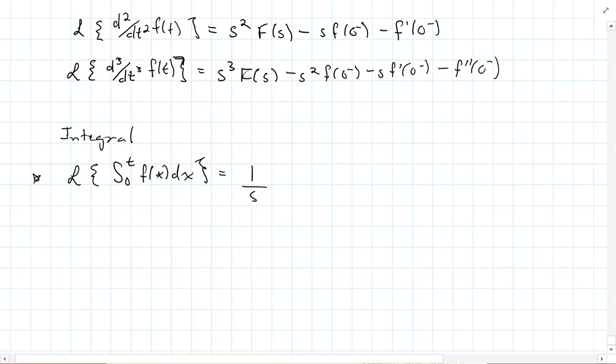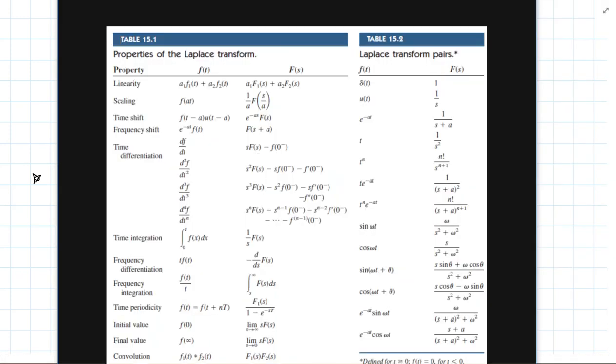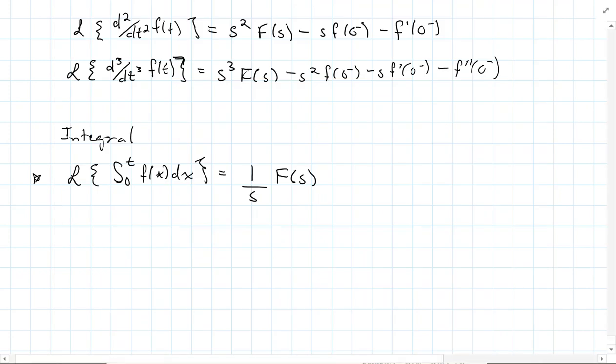This is 1 over s capital F at s. Which is right here, this time integration. And again, why do we want to be able to do an integral? Well, some of the current voltage relationships for capacitors and inductors involve integrals. So I want to be able to do that integral.